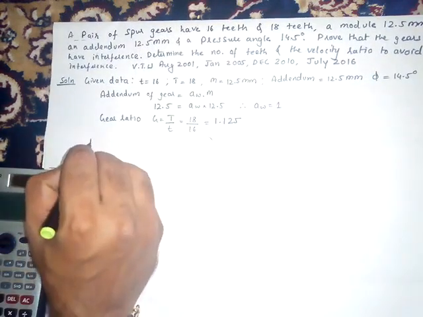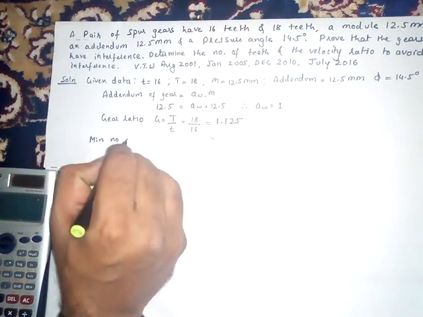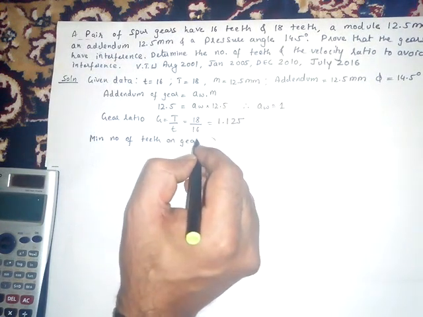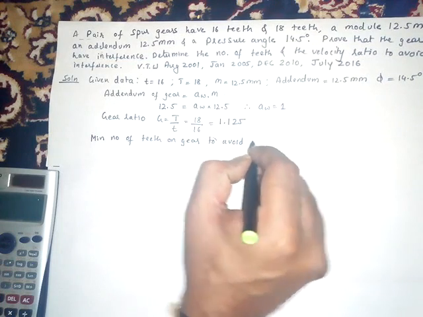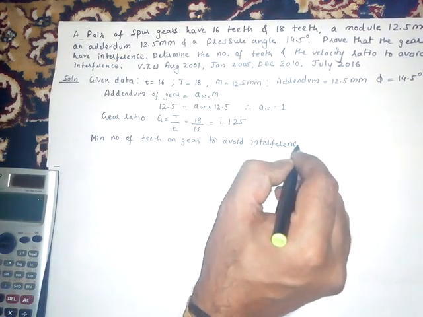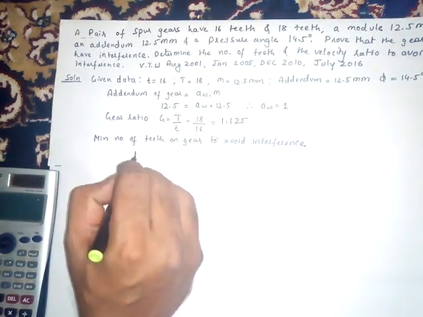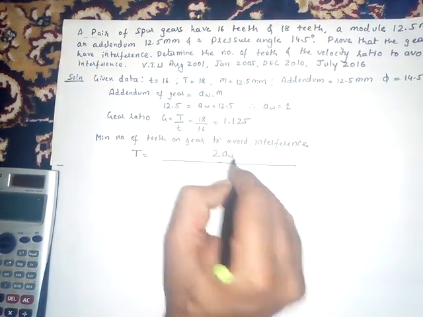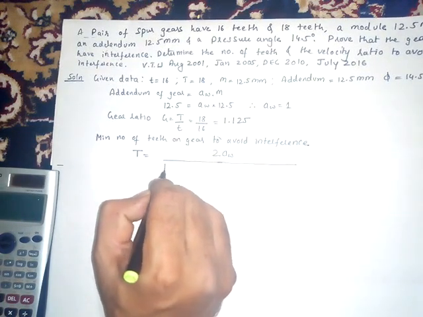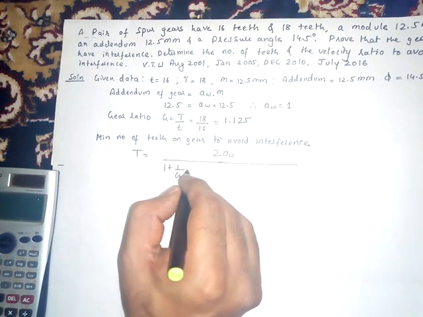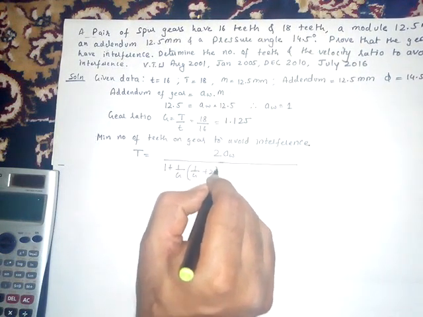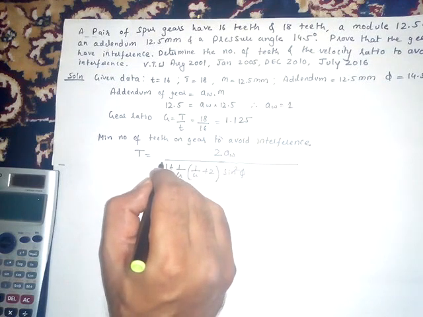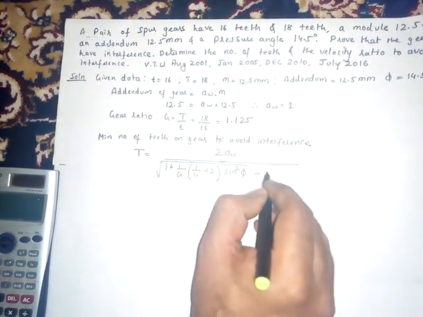Now minimum number of teeth on gear to avoid interference is given by T is equal to 2AW divided by 1 plus 1 by G into 1 by G plus 2 into sine square phi, this whole term under square root, minus 1.